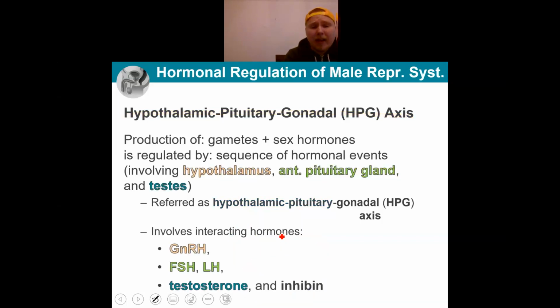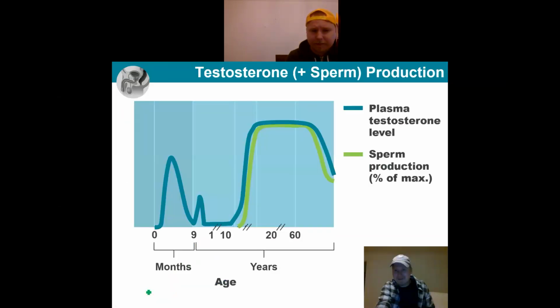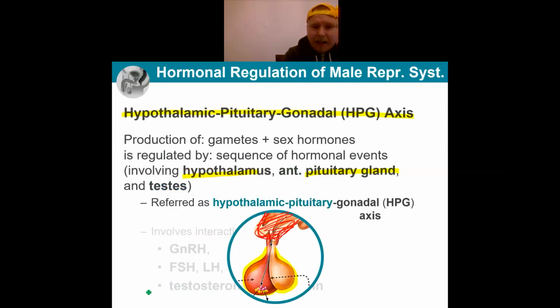And the hypothalamus is responsible for production of the gonadotropin releasing hormone. And then from the anterior pituitary gland, we have our specific male reproductive system hormones.